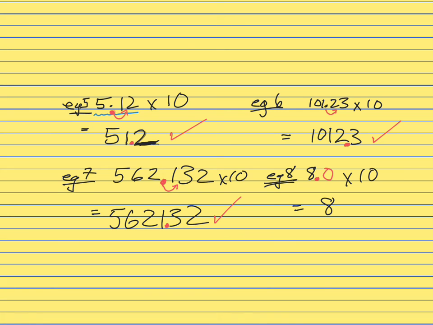So if there's no decimal, make sure you just put one in at the very end of your number. And now we're multiplying by 10. So all we're doing is moving the decimal over one space. So our 8 really should have been 80. And now we take our decimal and we move it over and it starts here. So I'm just going to put a 0. So our answer is 80.0.